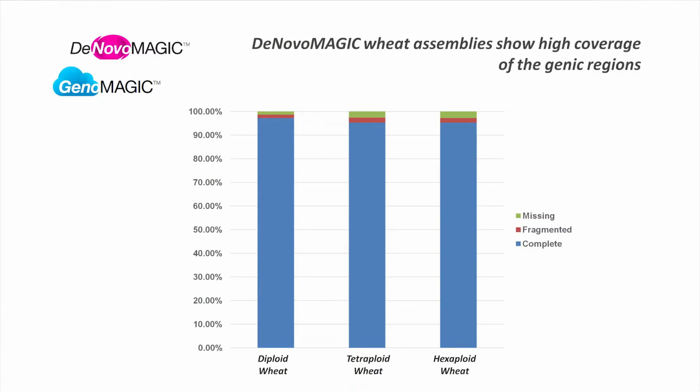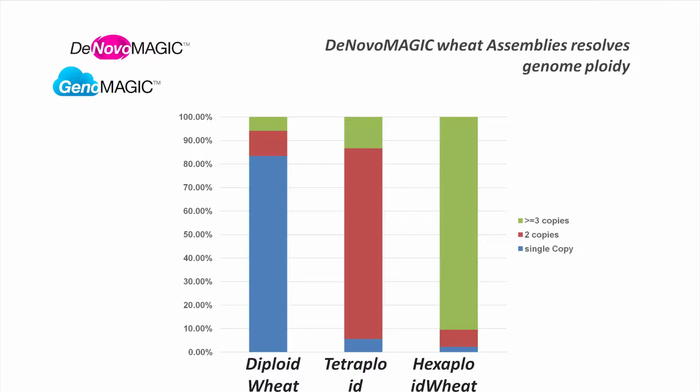Okay, just to prove it, we can do diploid, tetraploid, hexaploid. If you look at gene content, which is a usual measurement of assembly quality, you're getting very high full gene content for all of those different weights. And the interesting part is that you can actually see the ploidy of the genome.